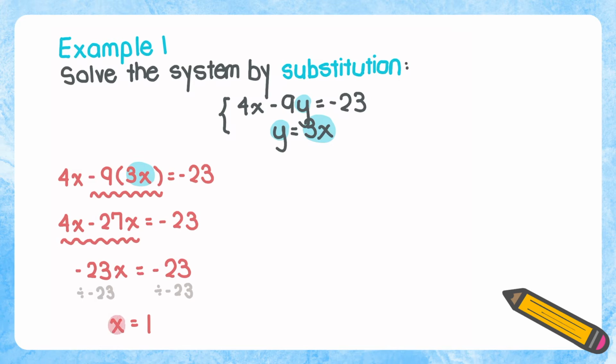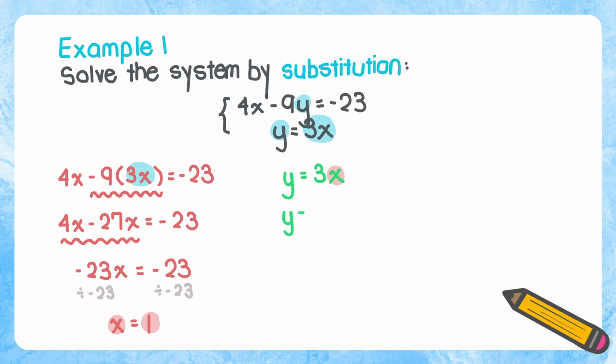So now let's solve for y. So since x equals 1, instead of y equals 3 times x, we can replace the x value with 1.